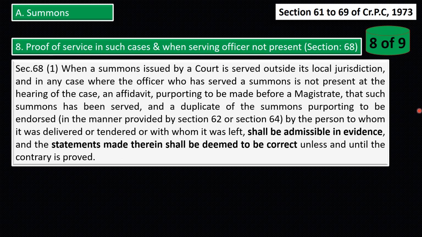So basically, what subsection 1 of section 68 says is that the summons having been served can be proved by presenting the duplicate copy of the summons in the court until and unless the contrary is proved.